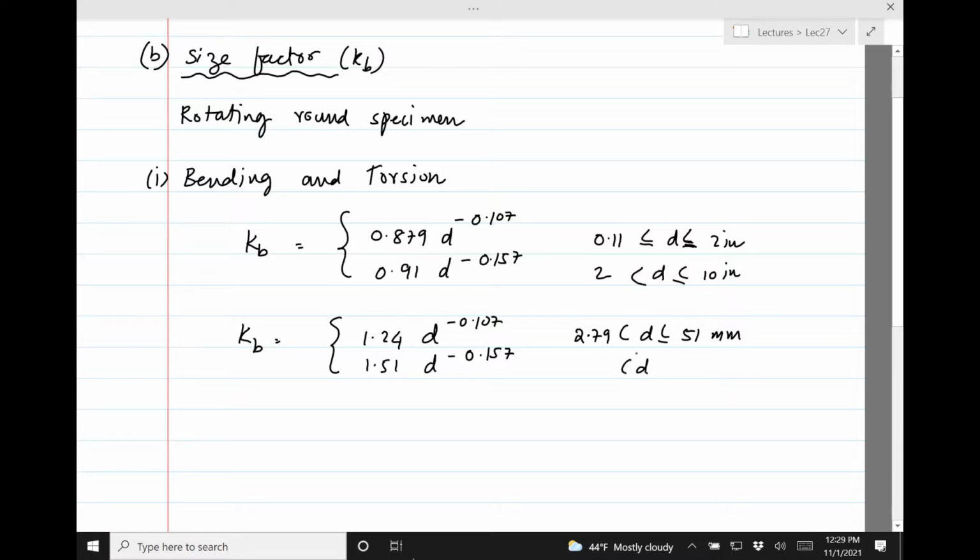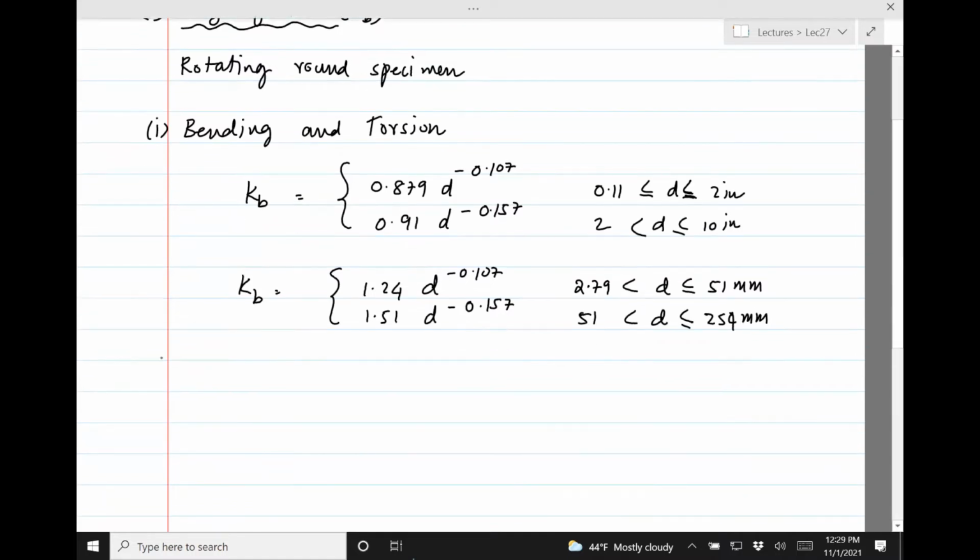The bottom one is that is less than. Okay, so clearly the top ones are in IPS, the bottom ones are in SI.